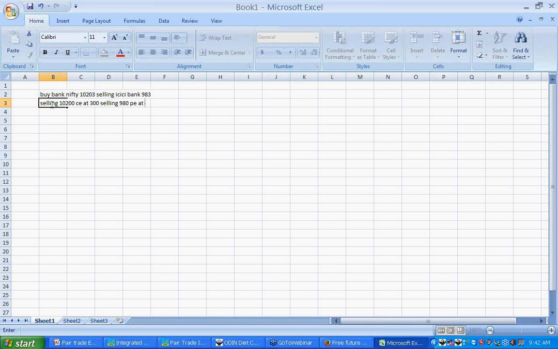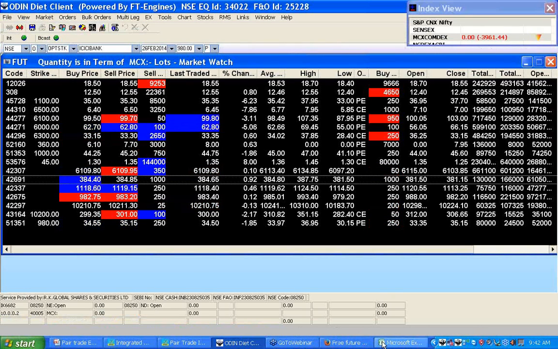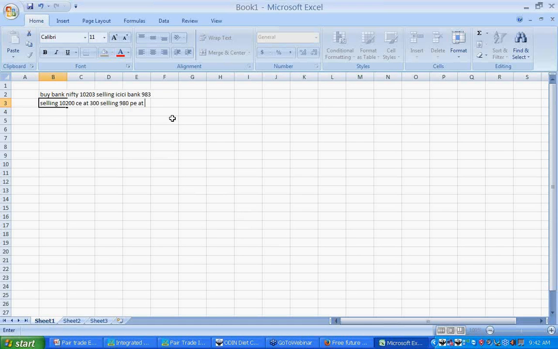So I am selling the 10,200 call option at 300 and I am selling the 980 put option at say 35. So this is a trade I am taking for intraday.